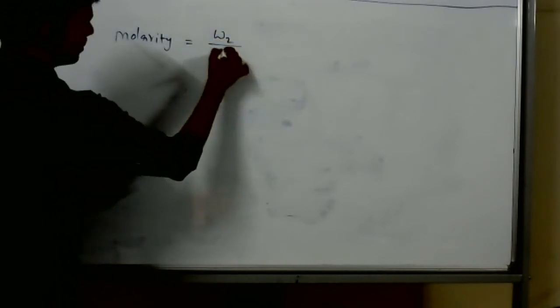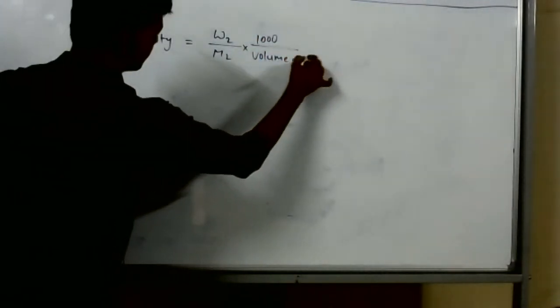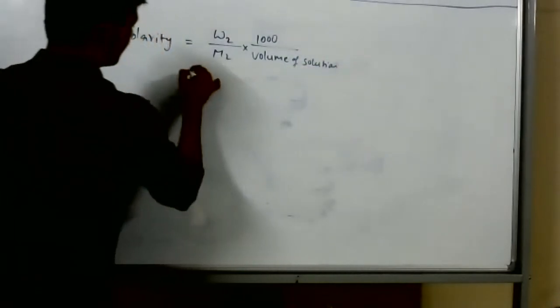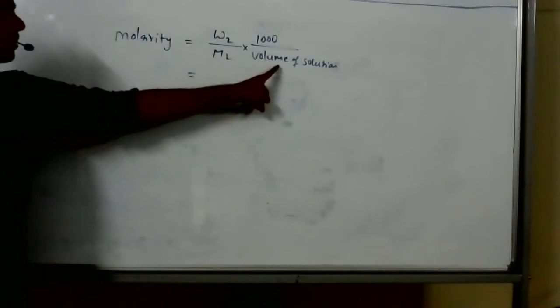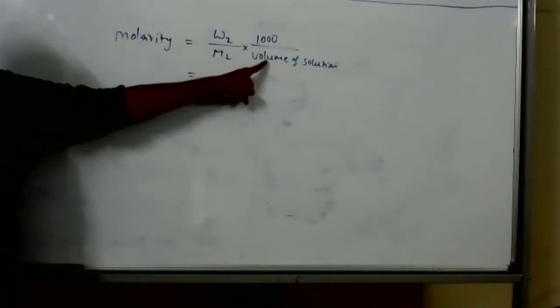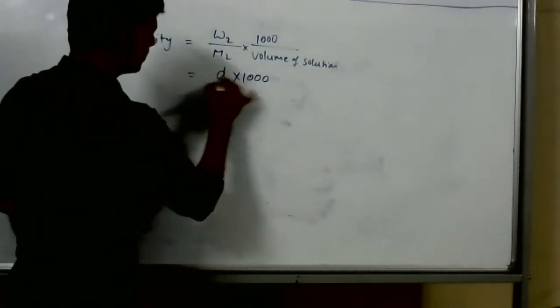The actual molarity formula is mass of solute divided by molar mass into 1000 by volume of solution, that is in ml. Mass by volume of solution gives density. So you can write D into 1000 by M2.